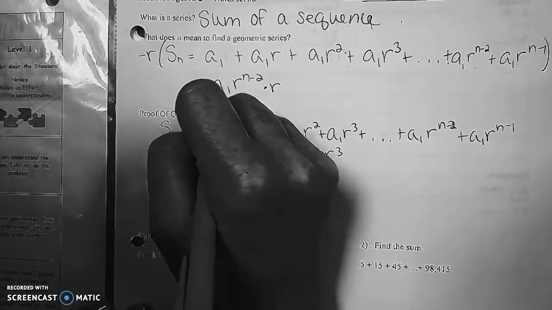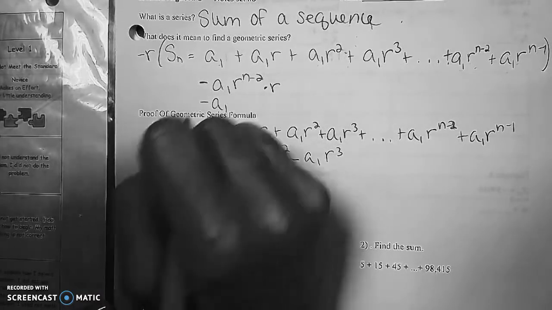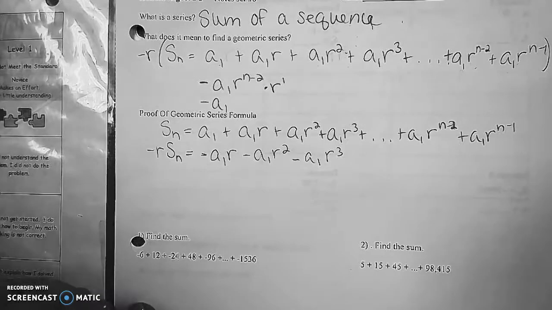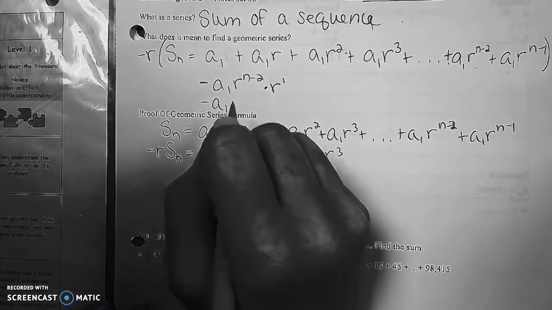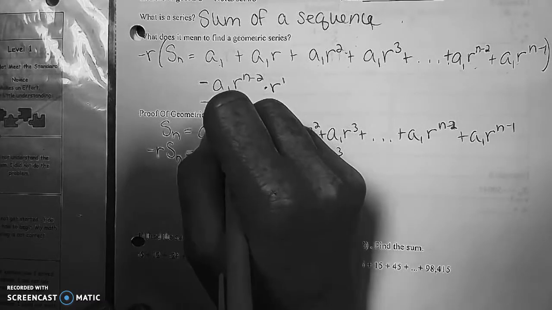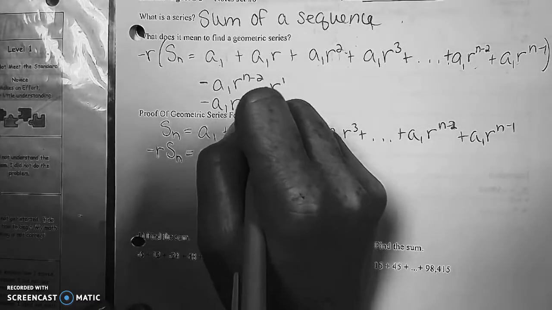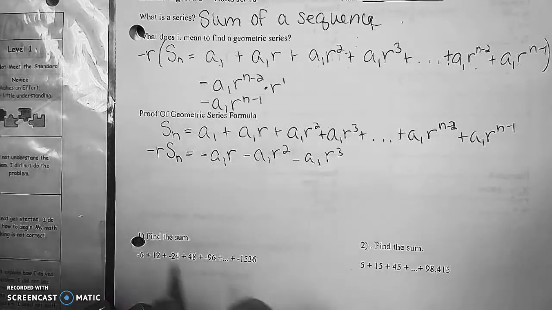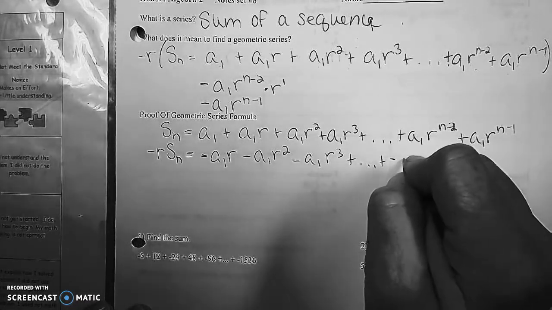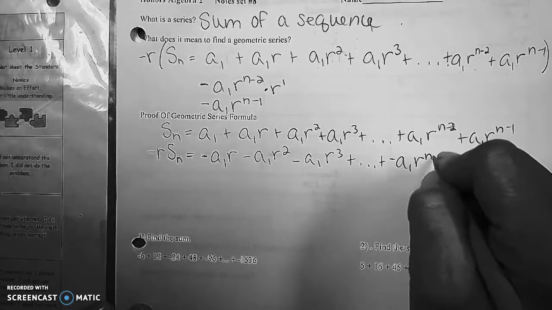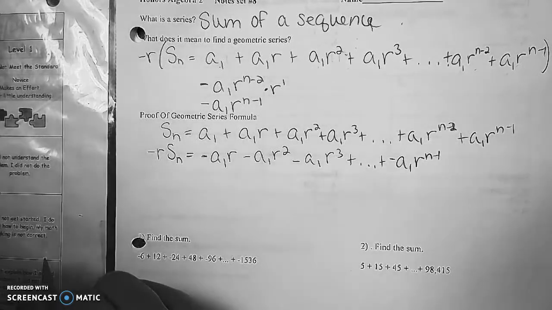I'm going to keep the negative, negative A sub 1. This is really R to the first, so I have like bases and I can add the exponents. I'm going to get R to the n minus 1. Let's do the last one.